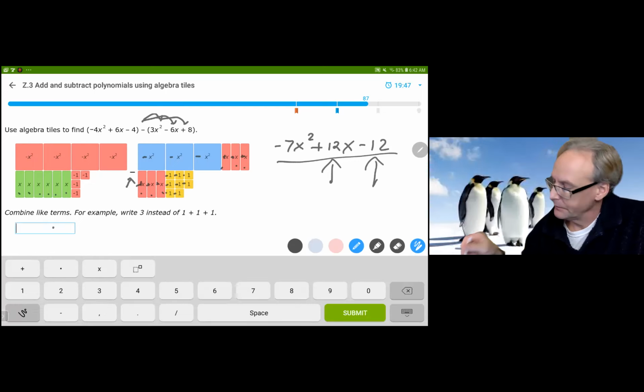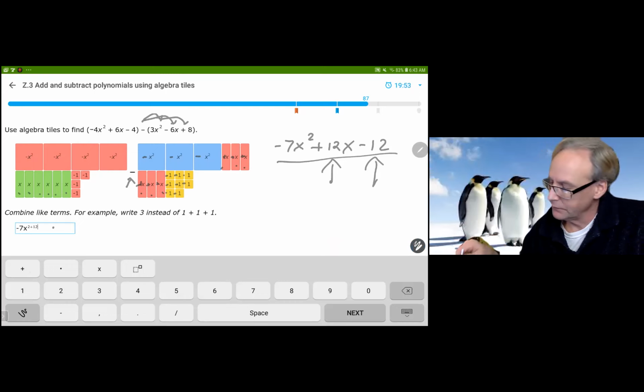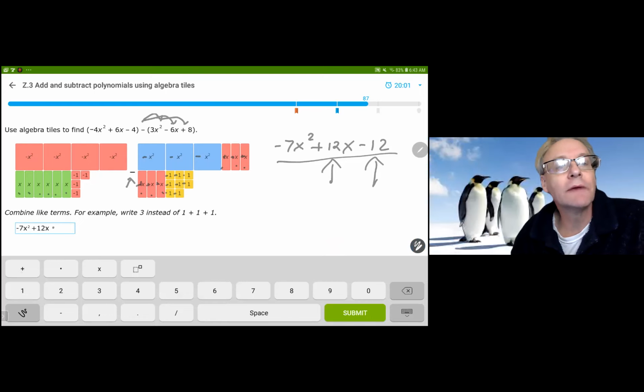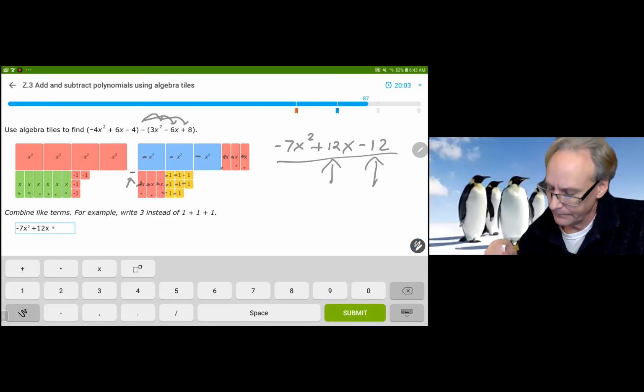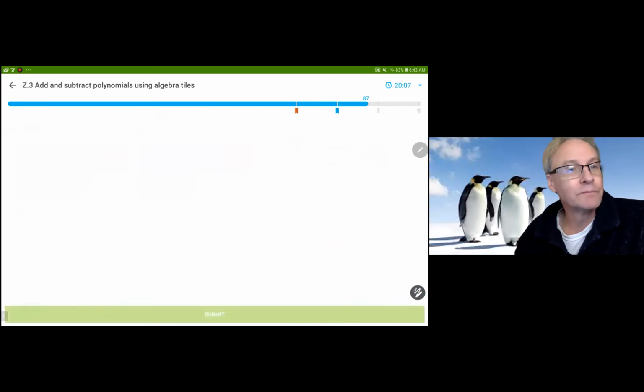So we get negative 7x squared plus 12x, and then we have a minus 12. There we go.